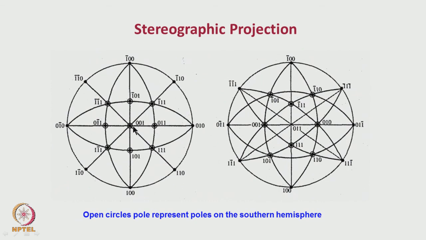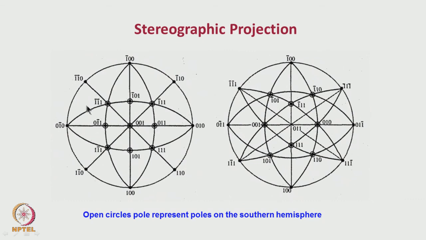When this comes to the center, all other points will also be rotated by the same angle. All the poles will be rotated, because when we rotate, the entire sphere is being rotated. So this will also be rotated by 45, and this will be rotated too. All of them will be rotated by 45, and essentially this moves on the equatorial plane.